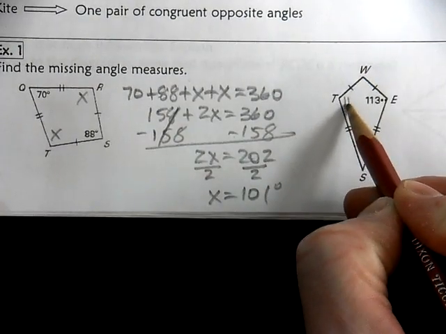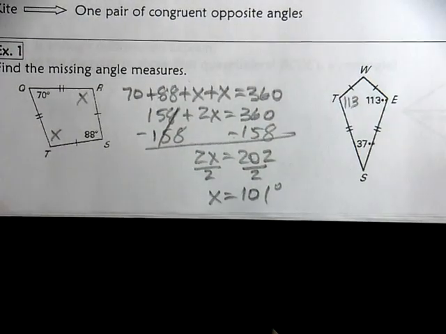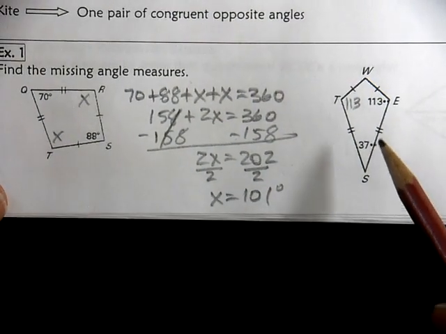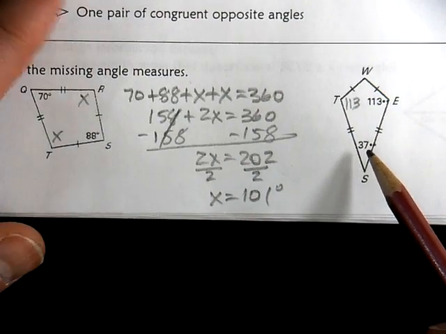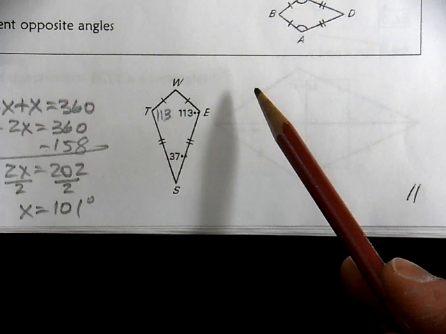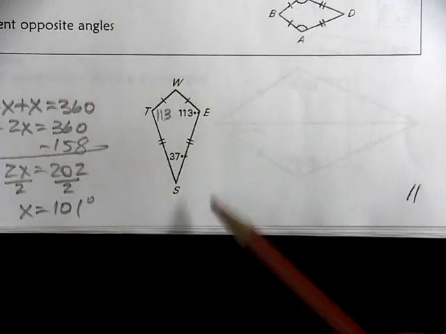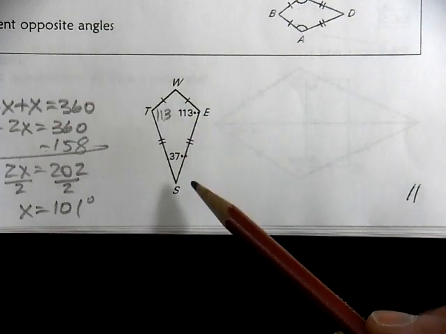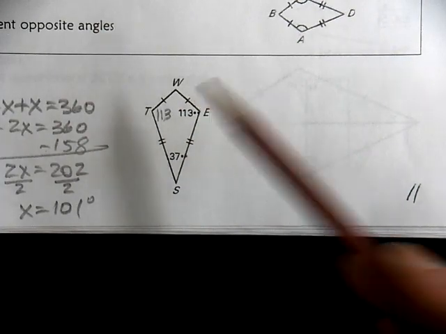So this is also 113. So how are we going to use this information to write an equation? You go ahead and try to come up with an equation. You can pause the video, write an equation, and see if you can solve it to figure out what angle W is.